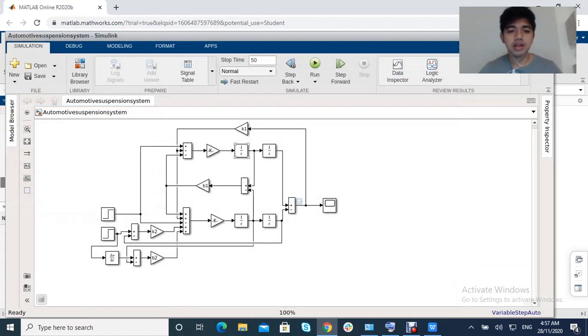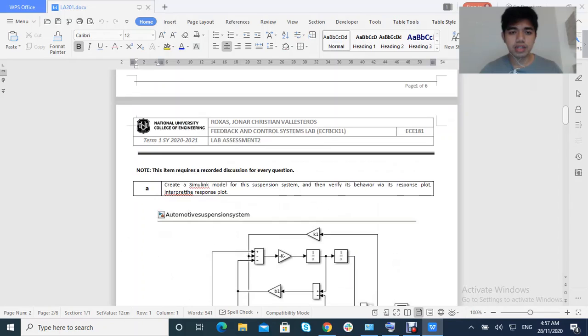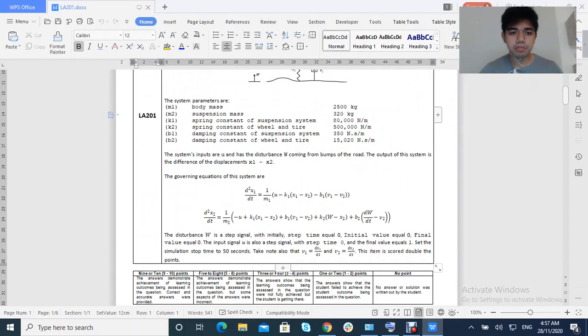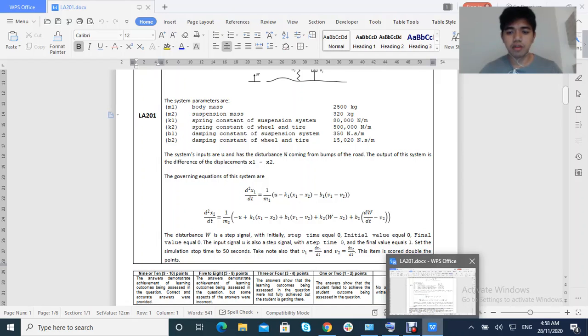As you can see here, I created an automotive suspension system, which in the given has an integrator here, a sum block here, and another integrator here. Going to the sum block over K1, which is given as the spring constant of the suspension system, 80,000, I changed the value inside the block.